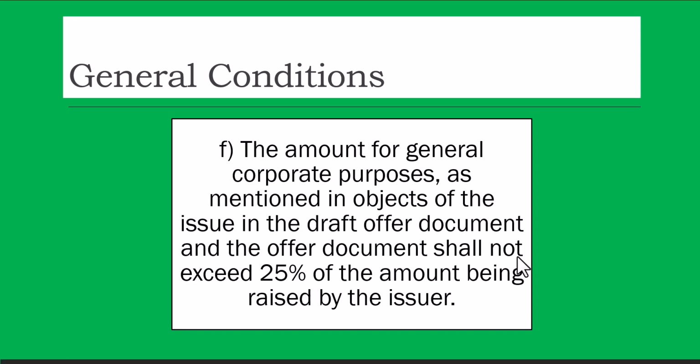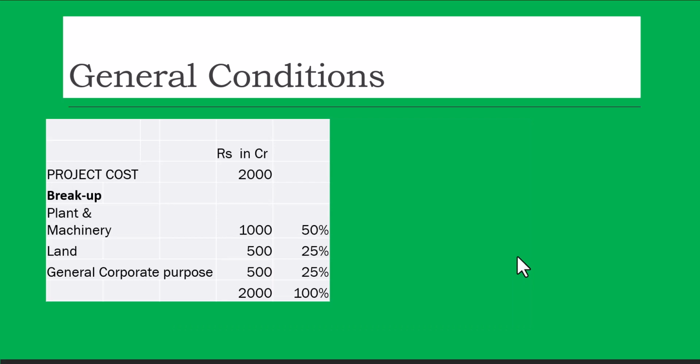So let's go back and see. The amount for general corporate purpose as mentioned in the objects of the issue in the draft offer document and the offer document shall not exceed 25% of the amount being raised by the issuer. In this case, the company is going to raise 2,000 crores through an IPO or an FPO, and they have given a breakup: 1,000 crores on plant and machinery, 500 crores on land, and 500 crores for some corporate purpose.